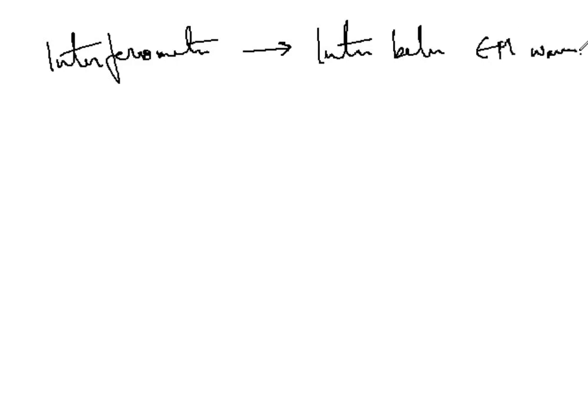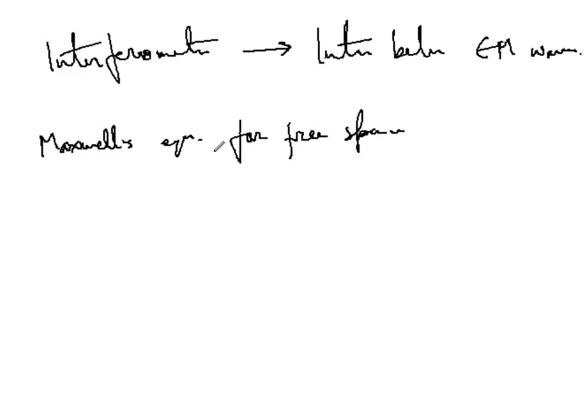Right. Now you see, before I start with electromagnetic waves, you must remember that the Maxwell's equations for free space, we can actually manipulate them and write them down in two very concise vector expressions.